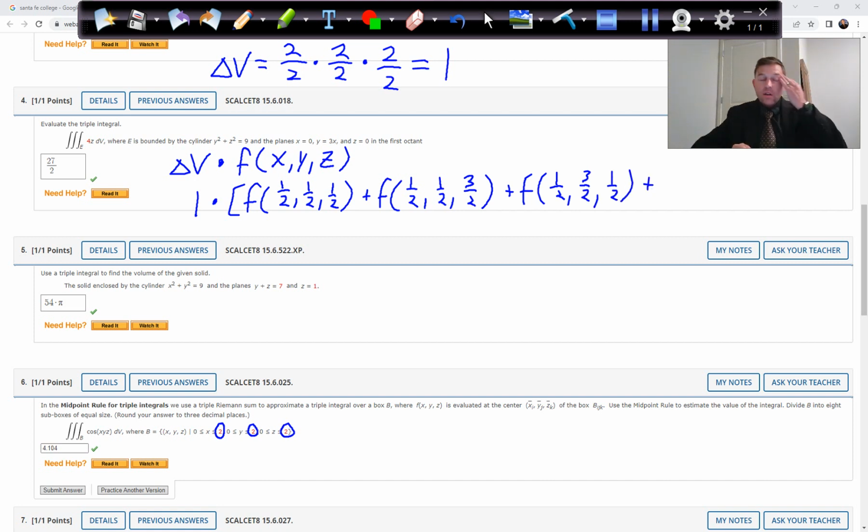We're basically finding rectangles at different points along a grid that we set up. So imagine you have a block that's 2 by 2 by 2 in 3 dimensions. Well, we're trying to, I think it even says, divide it into 8 sub boxes of equal size. Let me actually draw this so we can try to get a sense for what's going on.